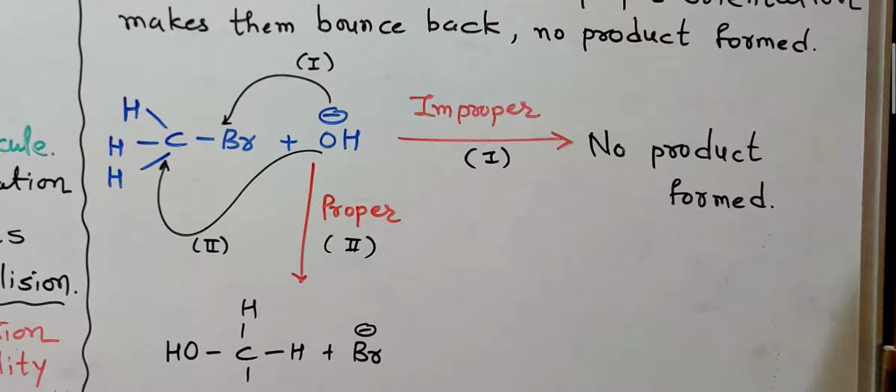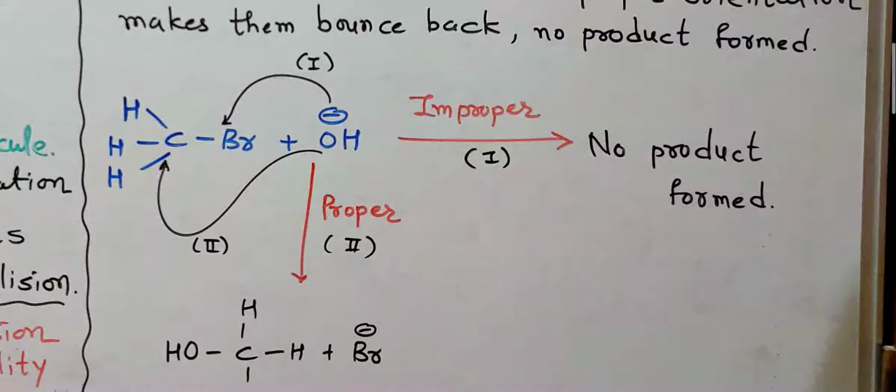You can clearly see the second arrow shows that OH is attacking from the back side of the carbon, not on the bromine side.